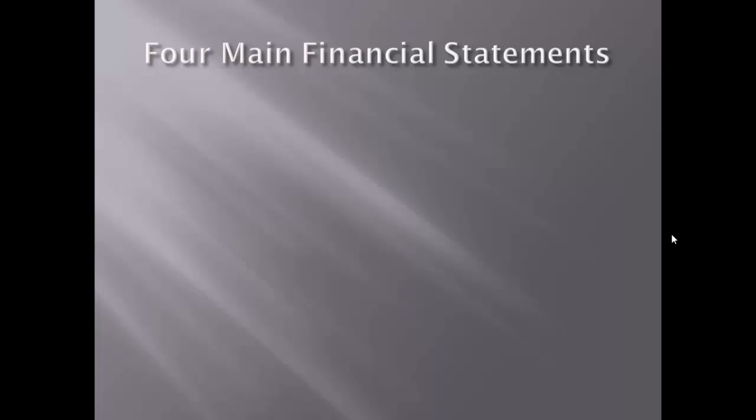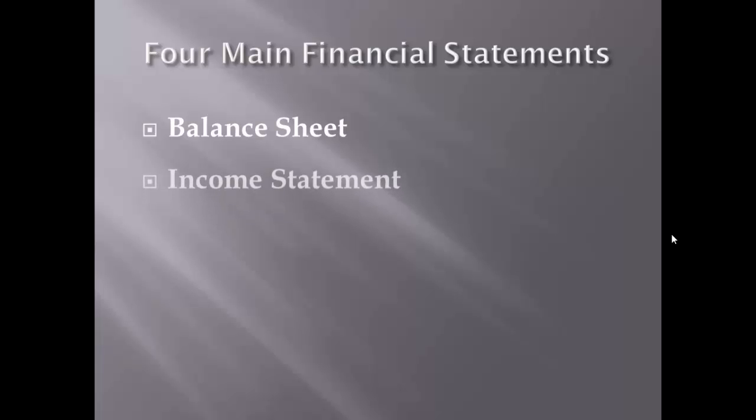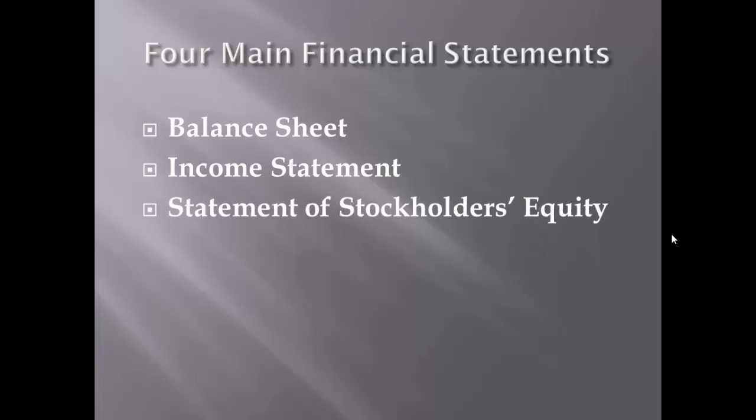The four main financial statements are the balance sheet or statement of financial position, the income statement or statement of operations, the statement of stockholders' equity, and the statement of cash flows.